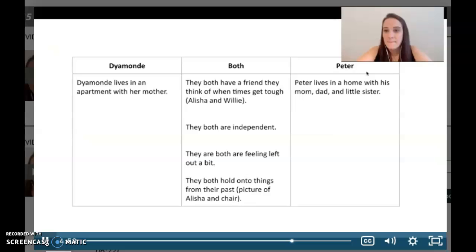So readers, based on what you likely said, I made a little chart for us so that we could look to see ways that Diamond and Peter are different, and in the middle, ways that they are similar. Give it a look.